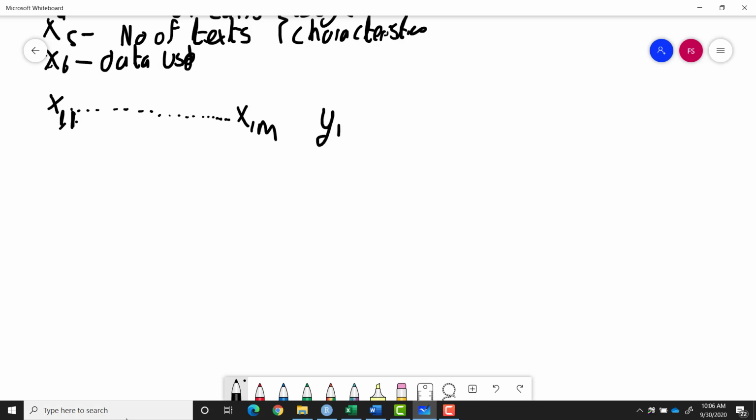Now, we denote a certain amount of data as training data. This is the data that we're going to build the model on. So this will go all the way up to x N1, m. So we have N1 training items.